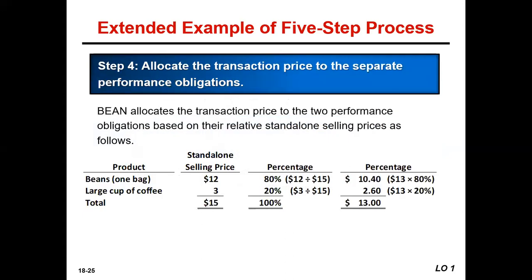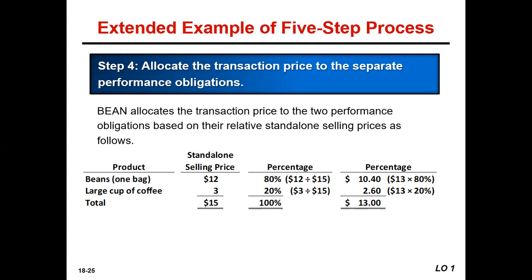So here, beans, 1 bag, the standalone selling price is 12. Percentage is 80%, that is 12 over 15. And the 80% times 13 is 10.40.